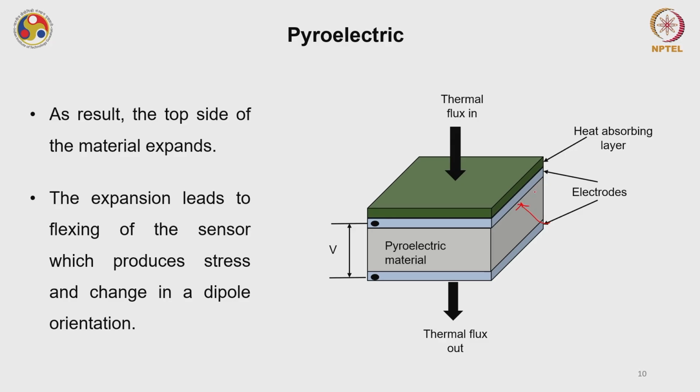The expansion leads to flexing of the sensor, which produces stress and change in the dipole orientation. Because of this expansion of the top layer, there is a mechanical stress induced in the plate just beneath this heat absorbing layer, and because of this stress there is a change in dipole orientation.